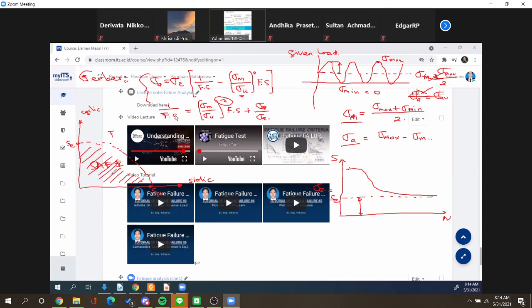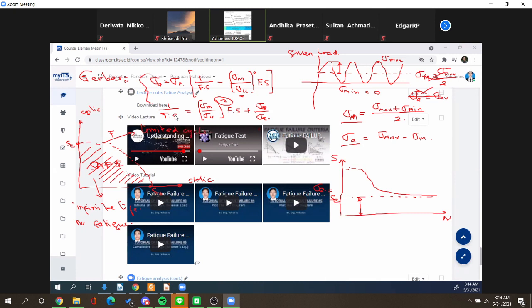Okay, so inside this curve, it has infinite life because it never has fatigue failure. But outside, the element will have a limited cycle.